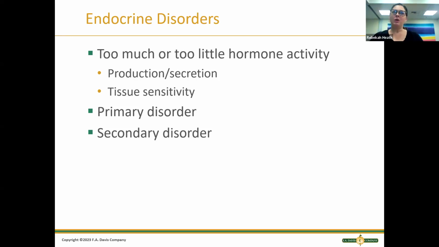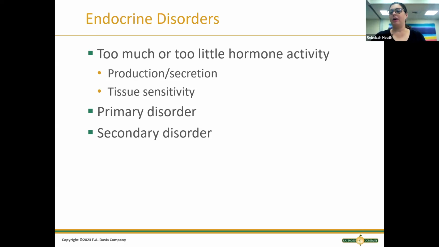When we're talking about these diseases, for the different endocrine glands, it's either a primary disorder or a secondary disorder. Primary means there's actual dysfunction in that gland, or secondary, where something else is causing an issue.